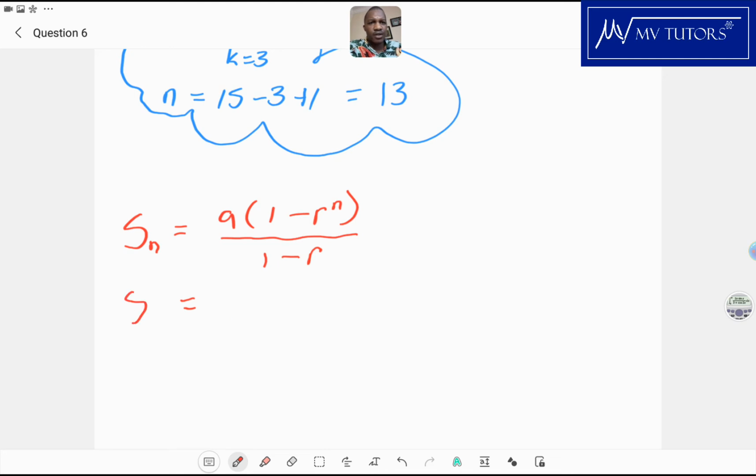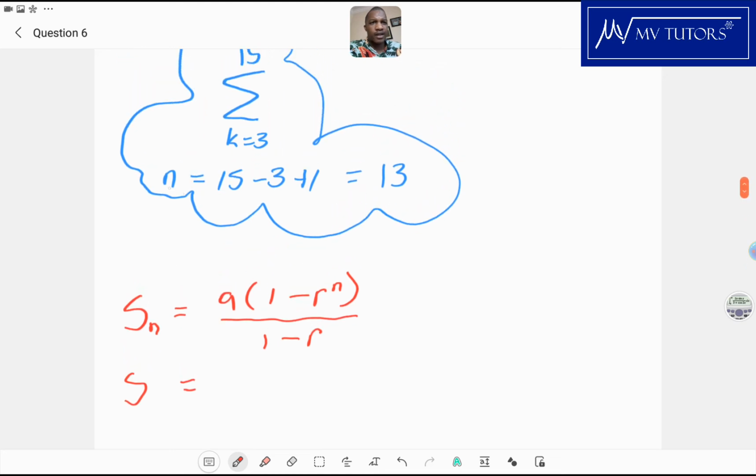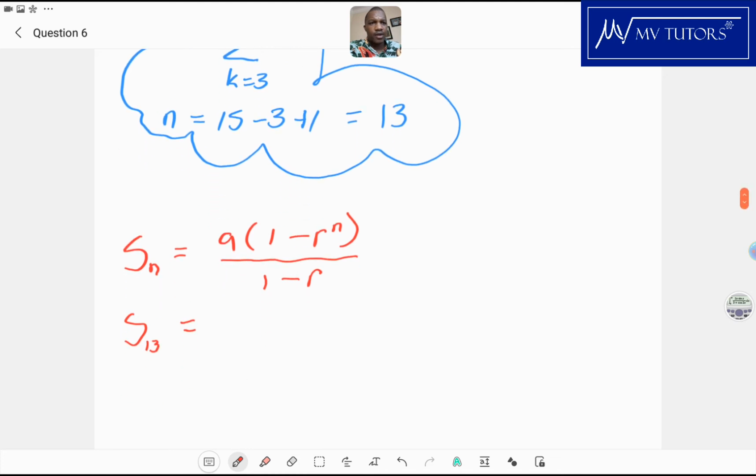So we can say Sn, then therefore, remember our n, we solved it to be 13. Okay, and then our A is 5 to the power minus 5.